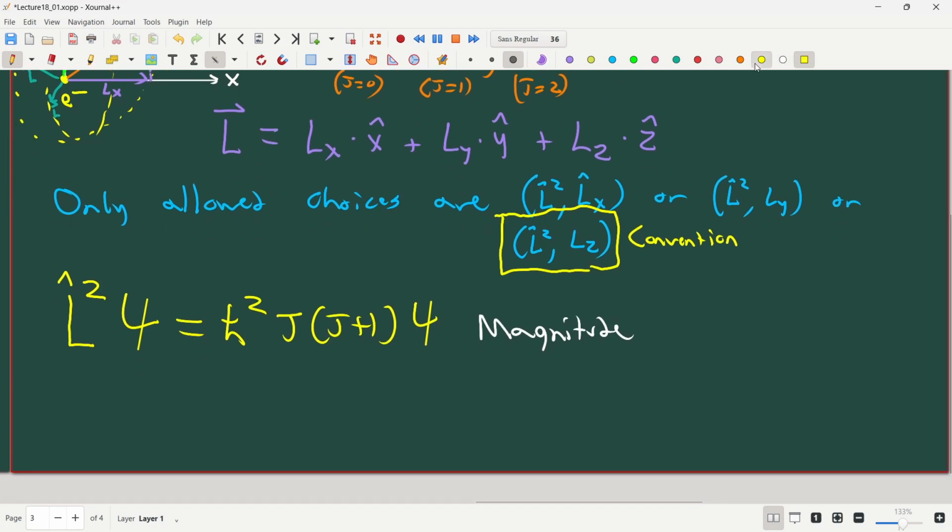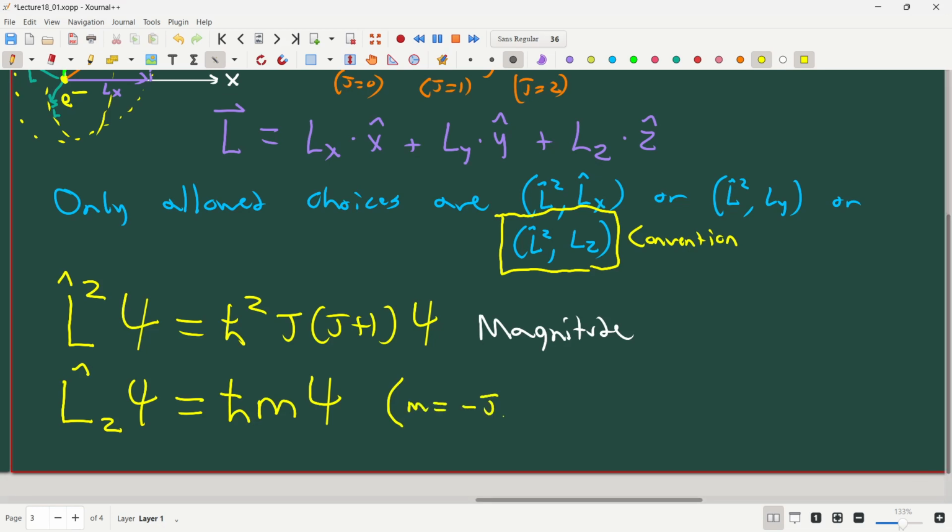And then when we apply Lz to psi, we get a factor of h bar, because Lz has units of angular momentum, not angular momentum squared, so it's h bar, not h bar squared, times m psi, where m can be between minus j and plus j.